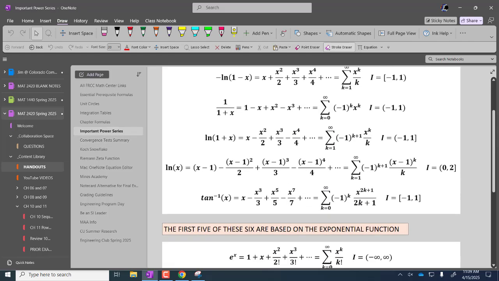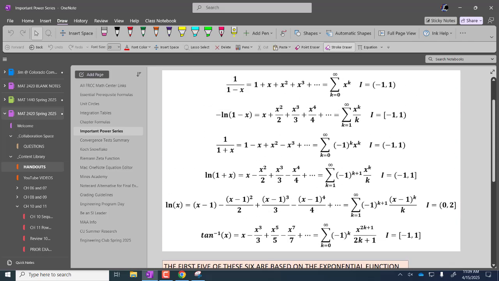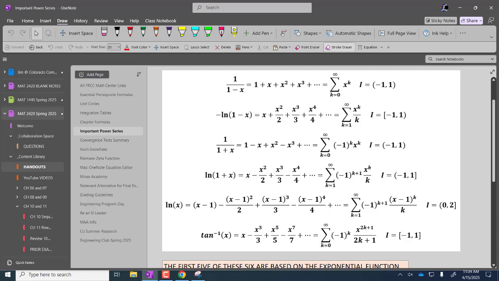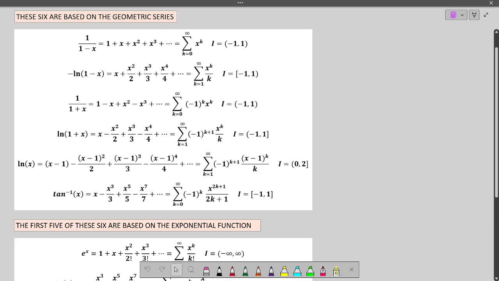I broke them into two groups of 6. These are the most common power series that we're going to see. These are 6 that are based on the geometric series. Actually, why don't I walk through this a little bit while I have it up here. The geometric series is our root power series. It's our base power series for the following.